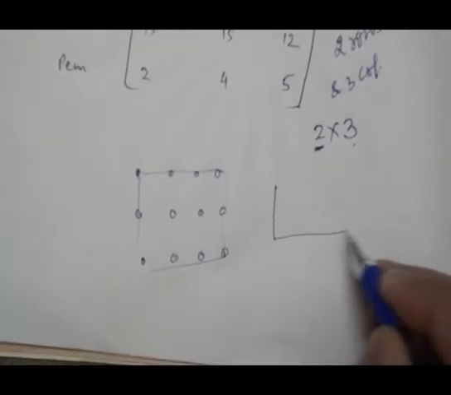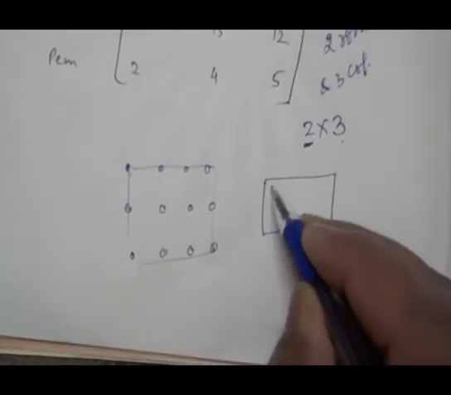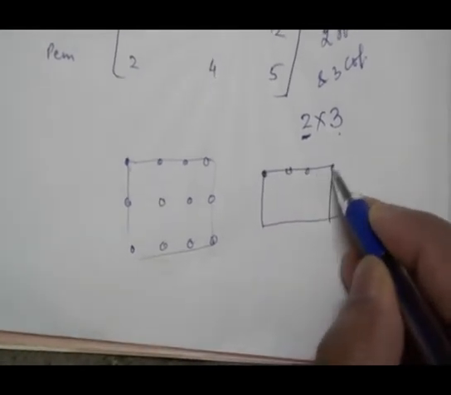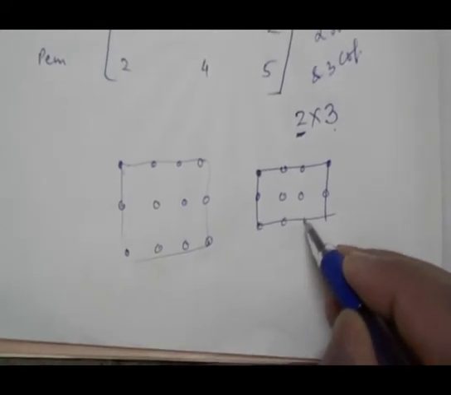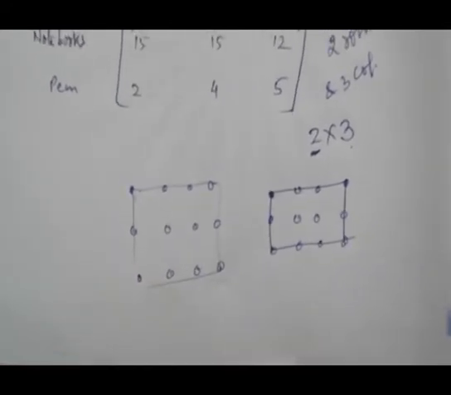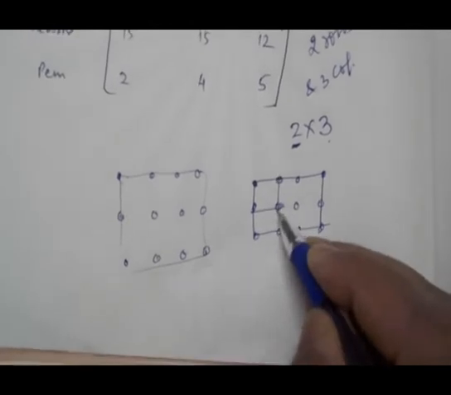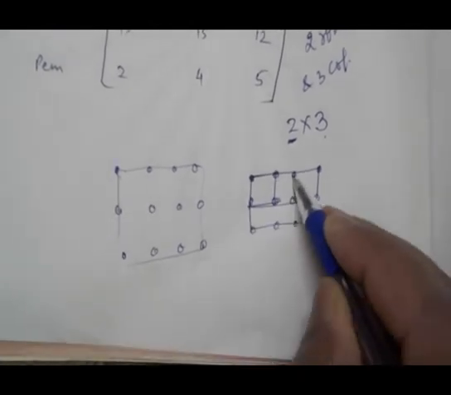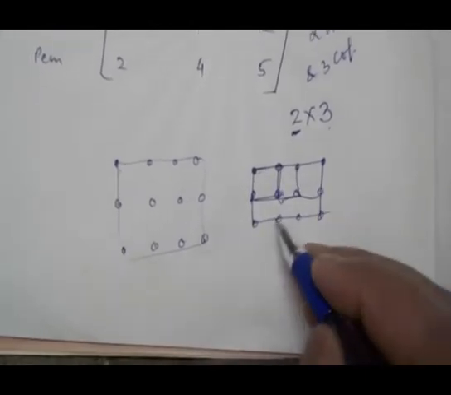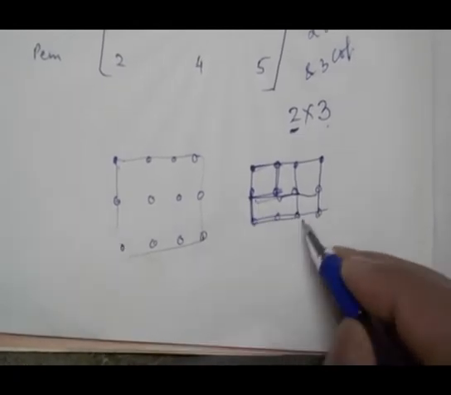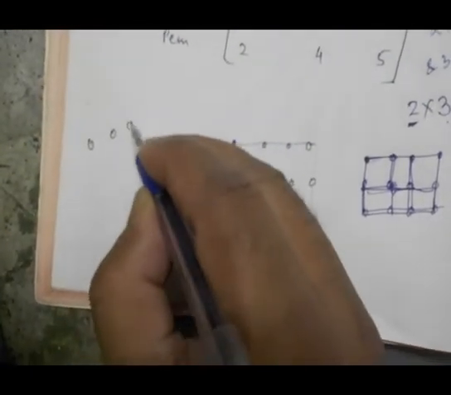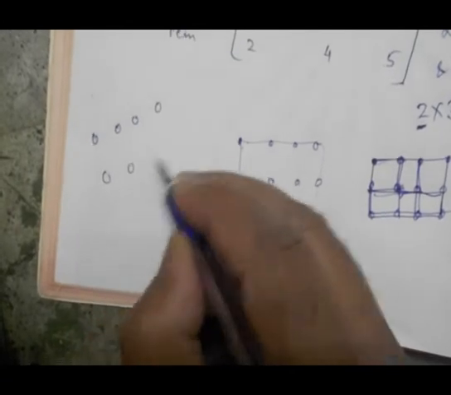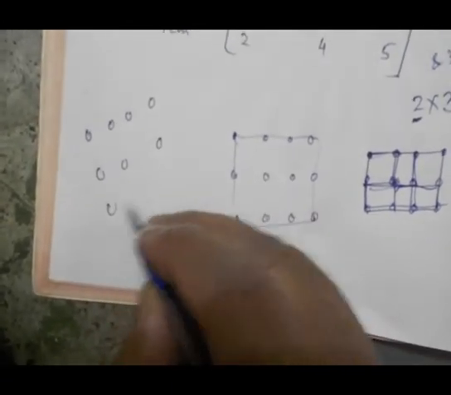Now suppose we have written 1, 2, 3 and 4, 1, 2, 3 and 4, 1, 2, 3 and 4. If you take this one, it represents a rectangle; this one, a rectangle; this one, a rectangle. But what if you have taken 1, 2, 3, 4, 1, 2 and then 3, 1, 3?